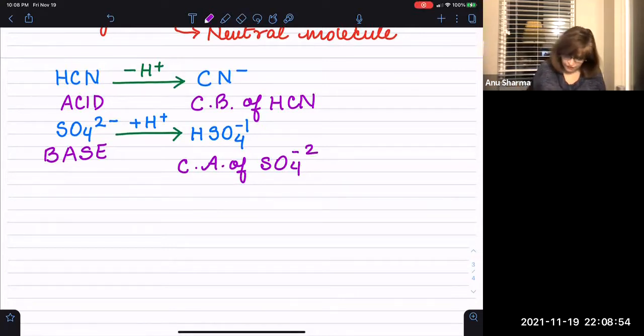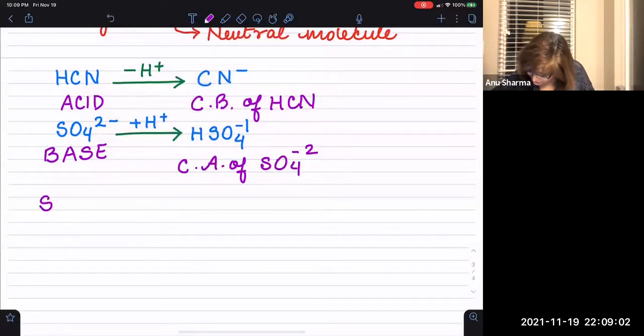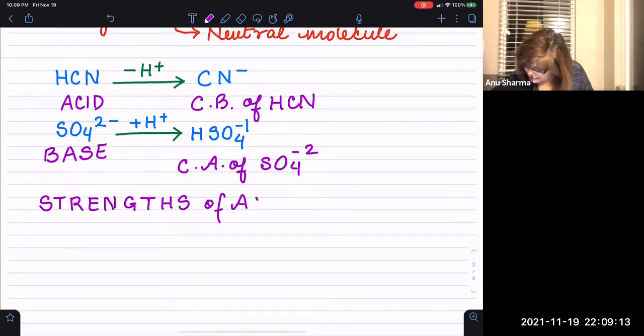Okay, so this is very important, that you identify these pairs. Now comes the strengths of acids and bases.